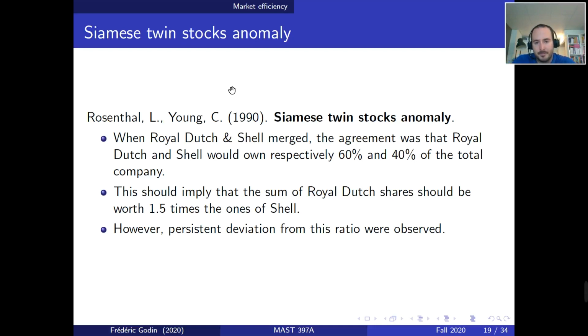So this should imply that the market capitalization of Royal Dutch, the sum of the values of all its shares, should be worth 1.5 times the market cap of Shell, because 60% over 40% is 1.5.